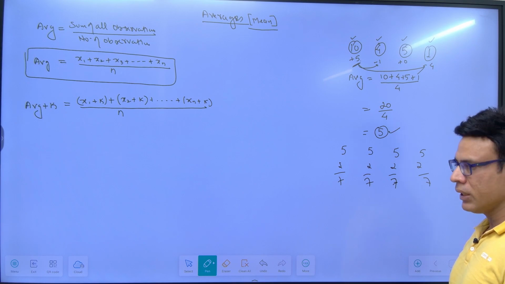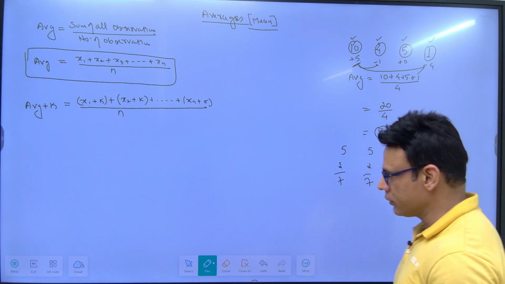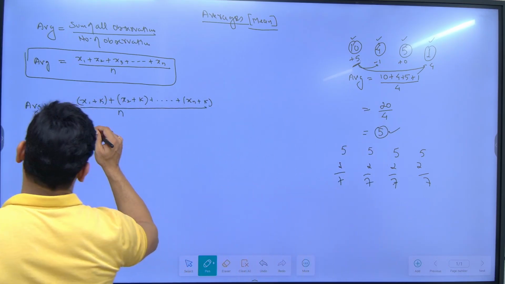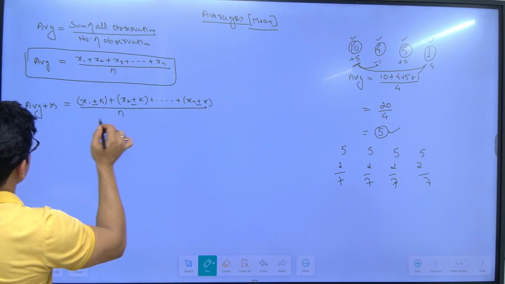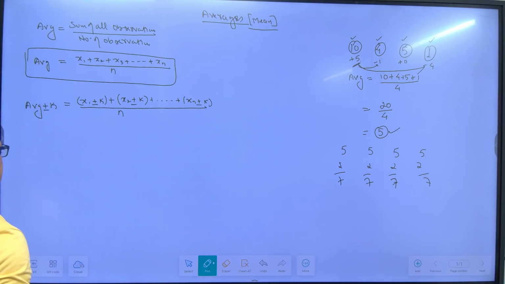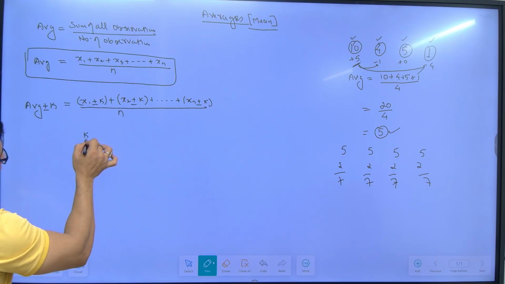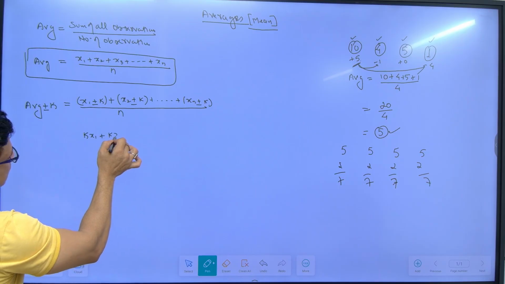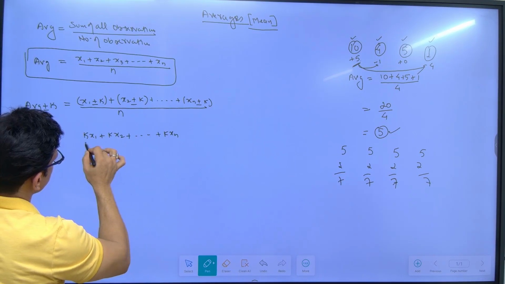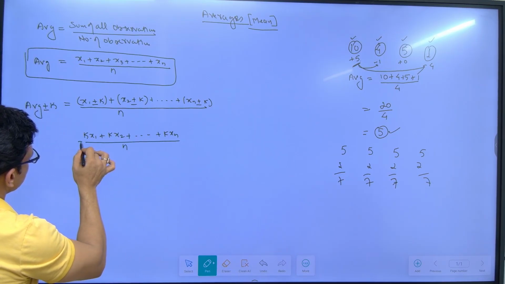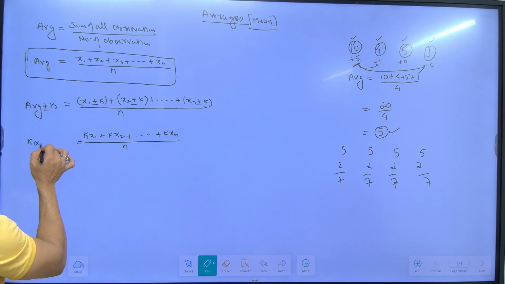Similarly, if you decrease each term by k, can we say average will also get decreased by k? Right? Same way, if you multiply each term by k, can we say average will also get multiplied with k?